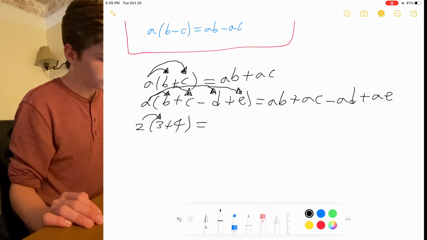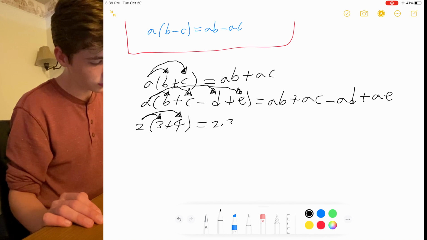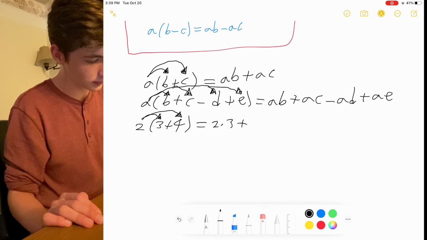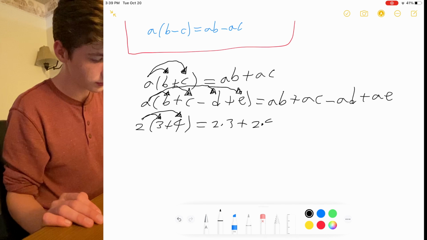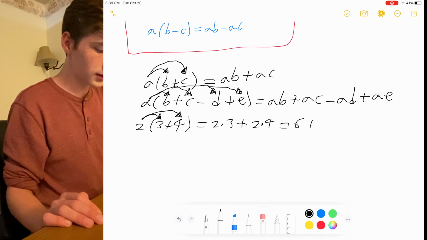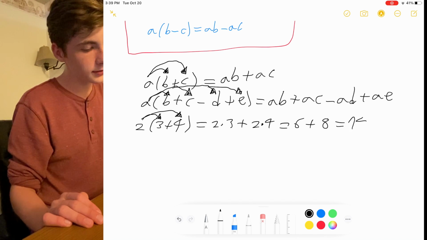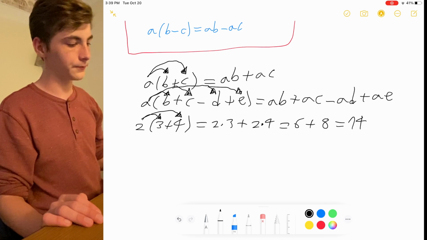Well, we distribute this 2 into here, right, to each of these numbers. So 2 times 3 plus, that's that ab, plus 2 times 4, which is that ac. 2 times 3 is 6, and 2 times 4 is 8, and 8 plus 6, sure enough, is 14.